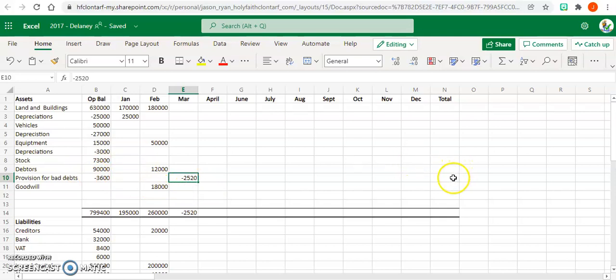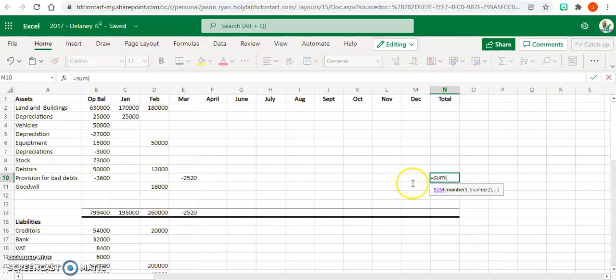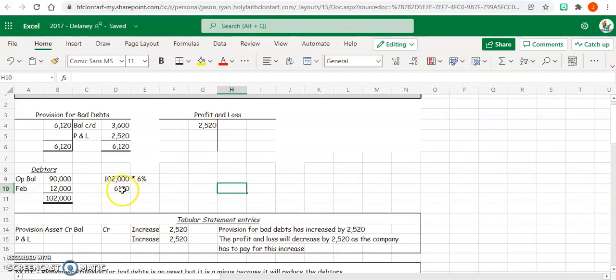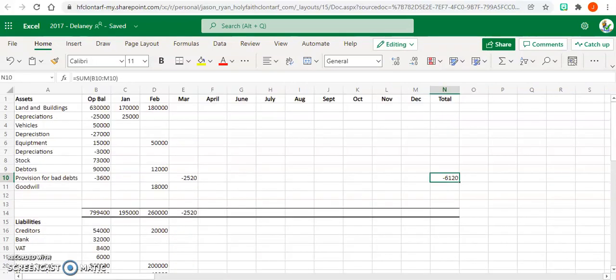So if it kind of helps you with your total figure, if we add these up in our total, when we add the 3,600 and the 2,520, we've now got our new provision, which we just calculated to be 6,120. So remember, new provision was 6,120. So that's how you answer March.